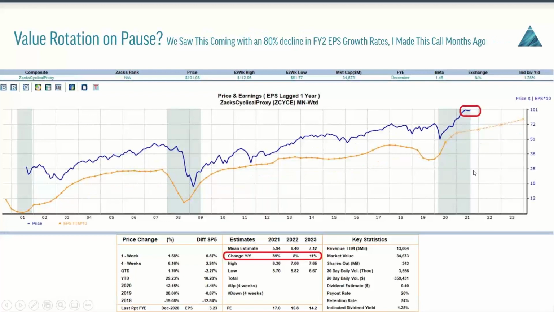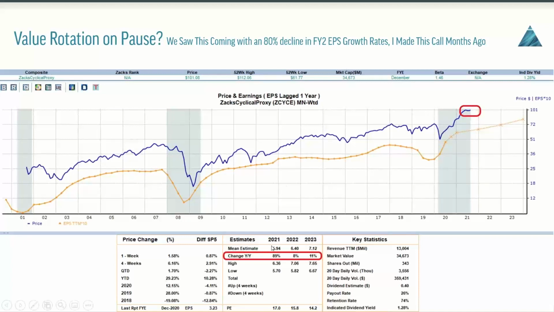So what we need to do is lift the hood a little bit and take a look at these cyclical names, these names that are more sensitive to the underlying dynamics of the economy. We have many, many ways to do this. We'll do it with the Zacks cyclical portfolio. Again, this is one that I derive out of the standard industrial portfolio, and it's literally going to exacerbate the economic cycles for us so that we can get a true pulse of the U.S. industrial cyclical landscape.